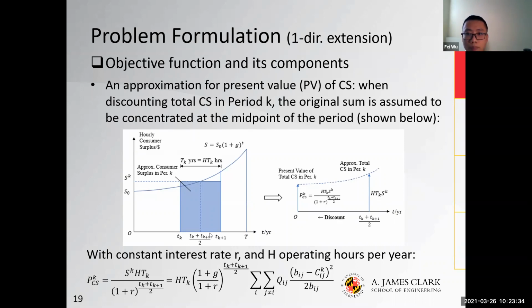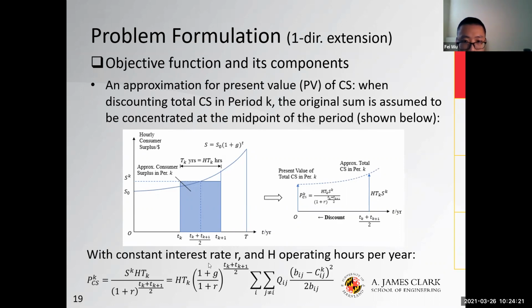When the discount rate and the growth rate of demand are relatively small, we can use the midpoint of this phase for calculating the approximate average hourly consumer surplus during phase k. The approximate hourly average for the present value of consumer surplus is given by this equation.